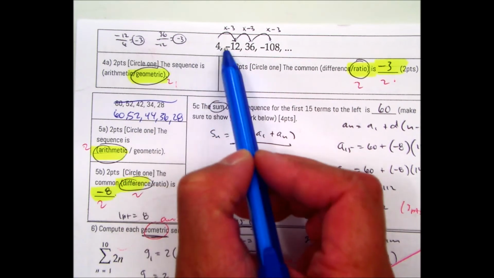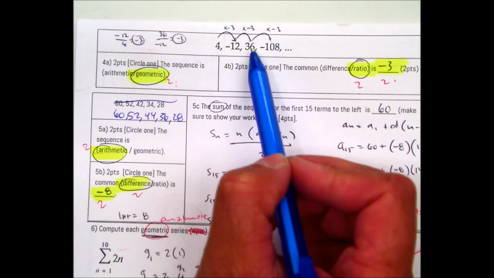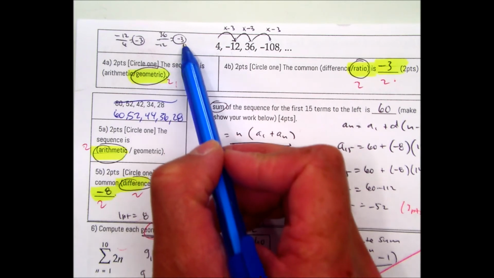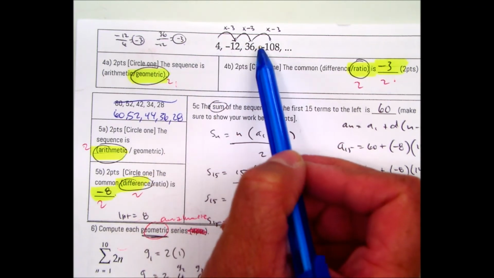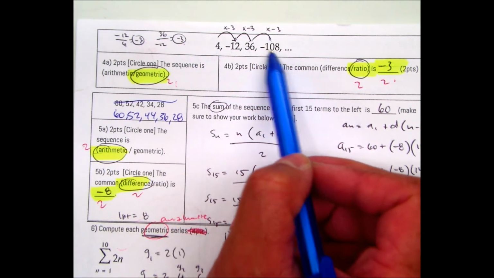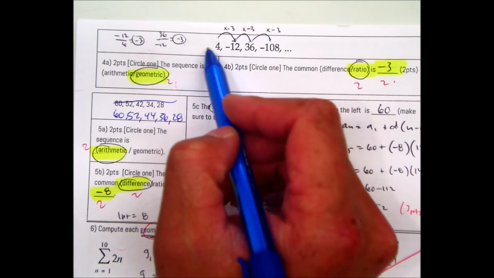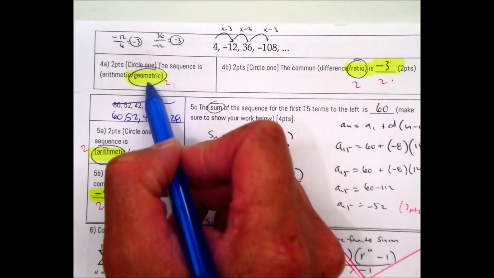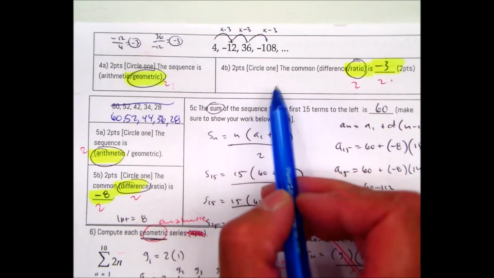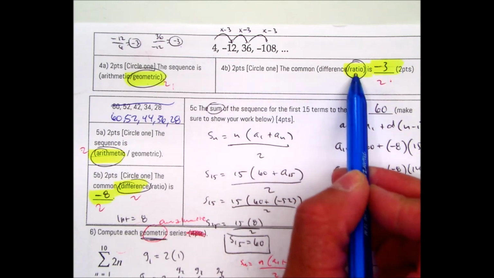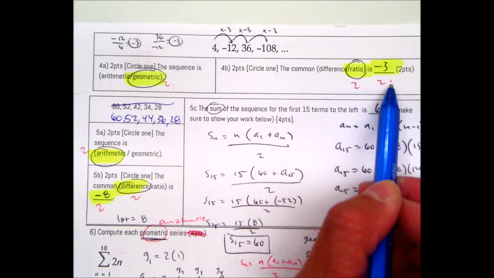So negative 12 divided by 4 gives you negative 3. 36 divided by negative 12 will give you negative 3. Negative 108 divided by 36 will be negative 3. So that's another way of finding your ratio. So this is geometric because you have a common ratio. The common ratio, circling that's 2 points, is negative 3, 2 more points.